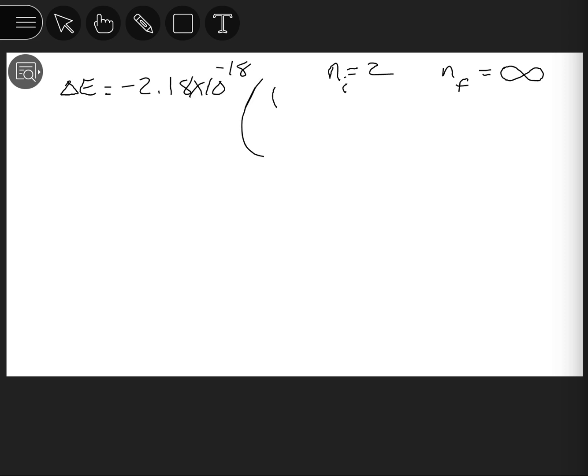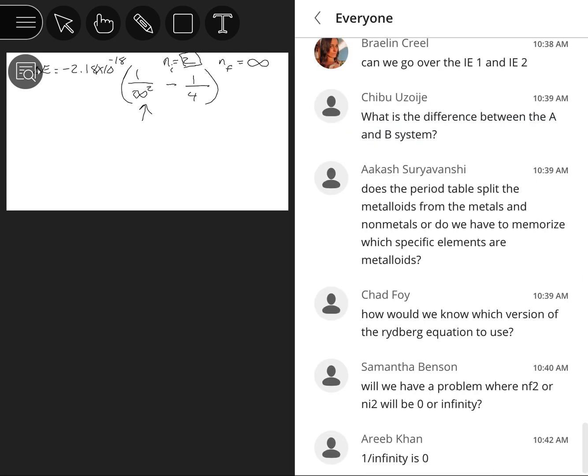You'd have 1 over n final, which is infinity squared, minus 1 over n initial, where n initial is 2, so 2 squared is 4. What you have to remember is that the limit as it approaches infinity is 0, so that whole term goes to 0.